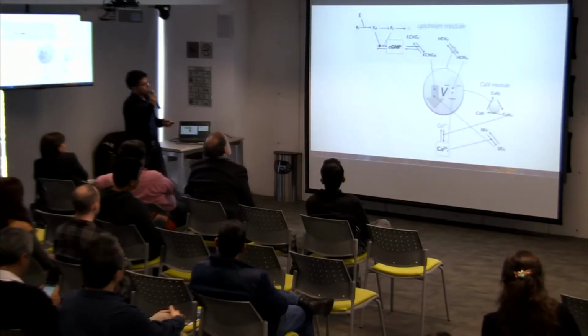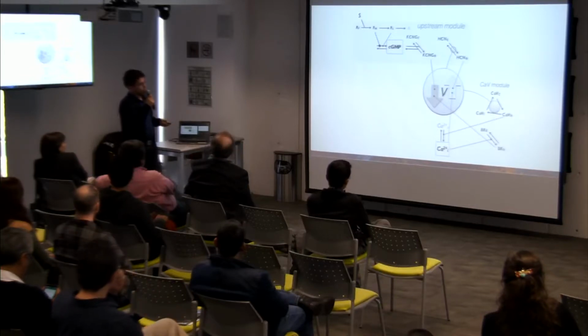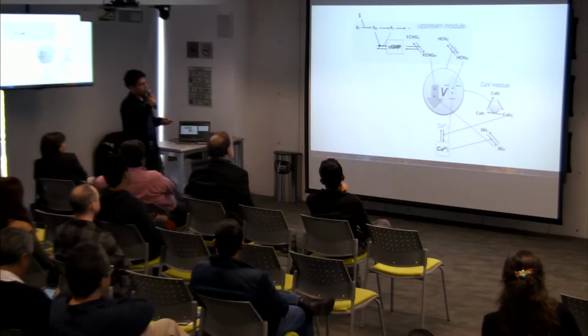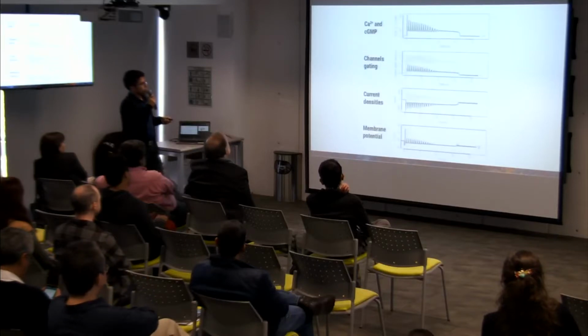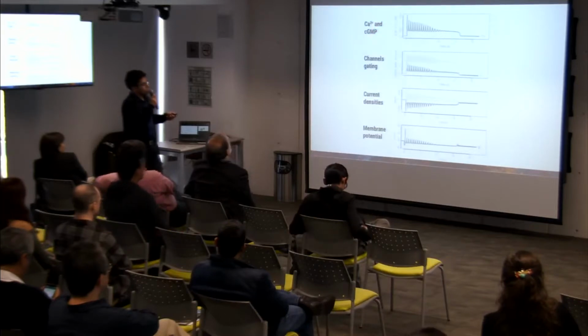Afterwards, we started calibrating the modules independently. This is the CaV module. This is the kind of dynamics that we can generate for the calcium and cyclic GMP.